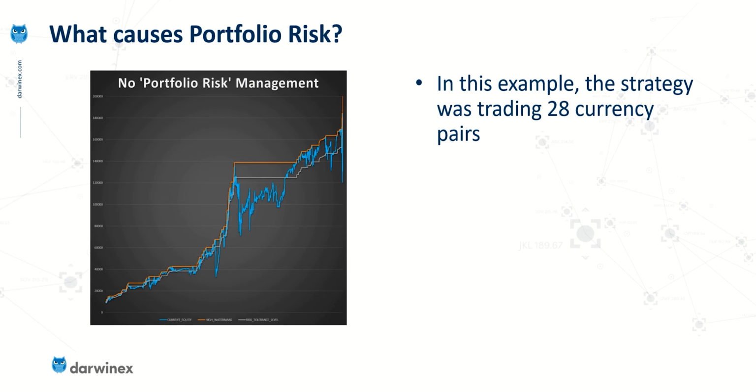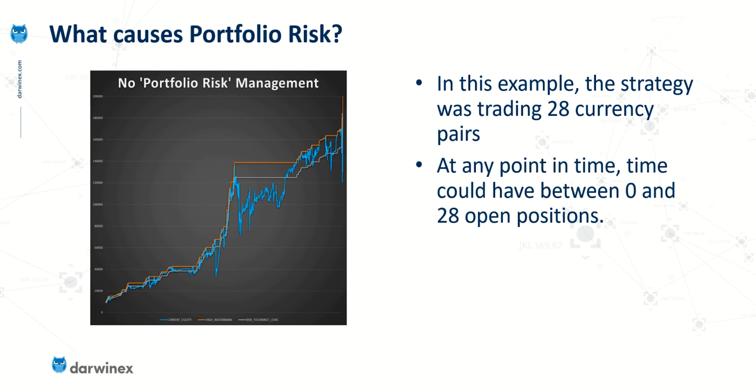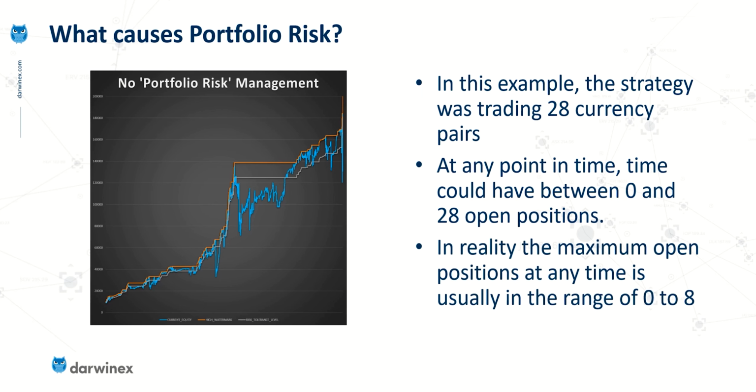This equity curve was the result of a mean reversion strategy that traded 28 currency pairs. And so theoretically, at any point in time, we could have had anywhere between 0 and 28 open positions. However, in reality, that was much less.